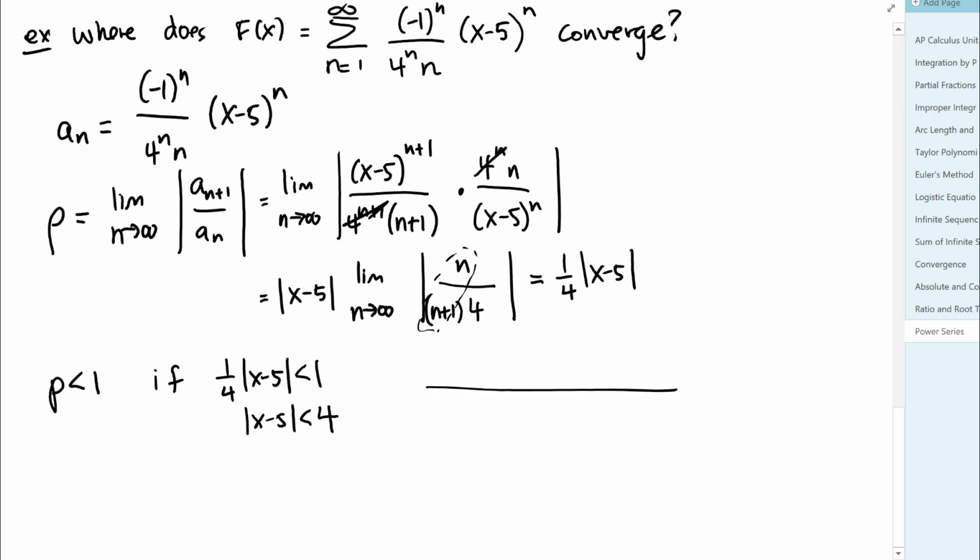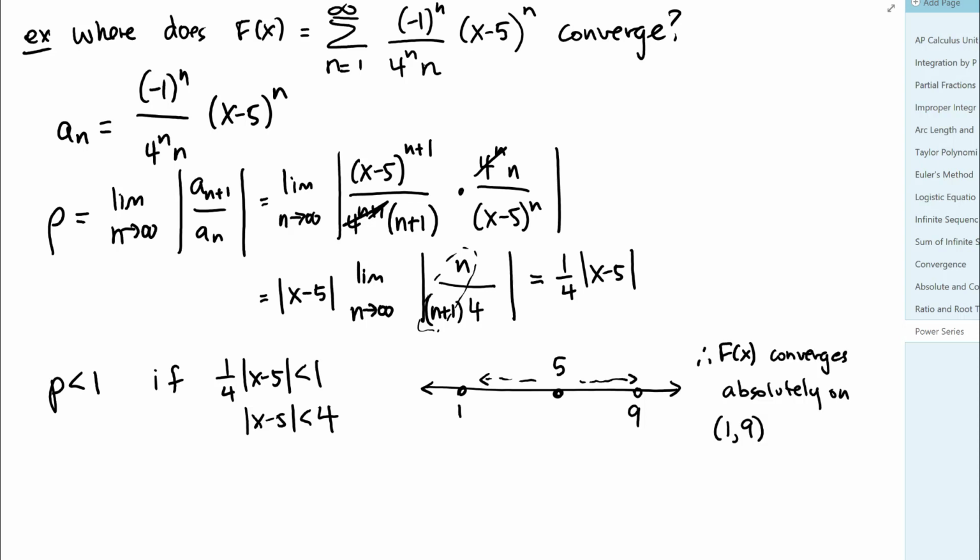So if you think about the center being at 5, I can go 4 in each direction, so 1 and 9, and that will be the zone of convergence.